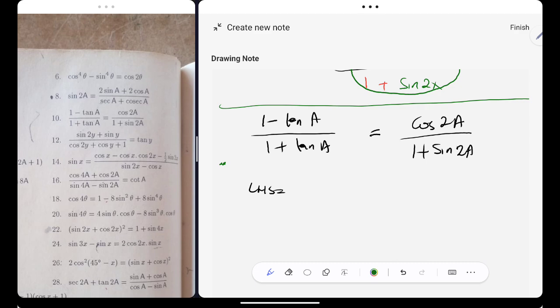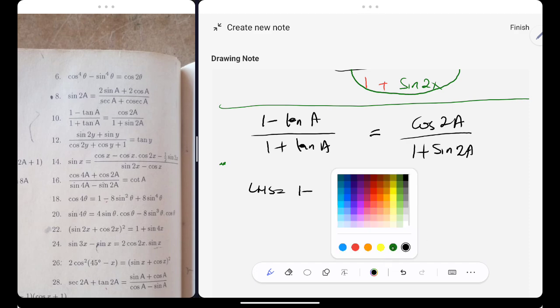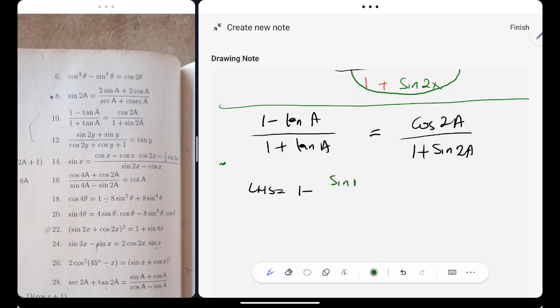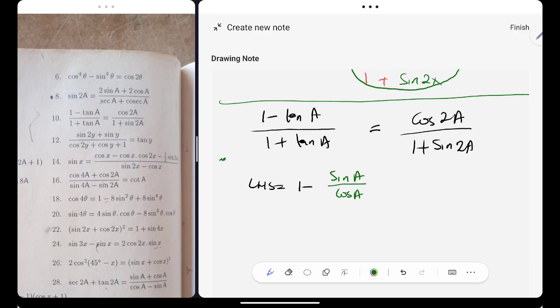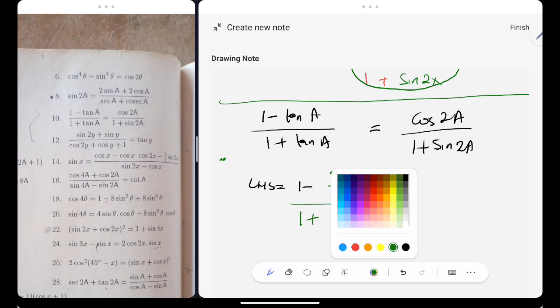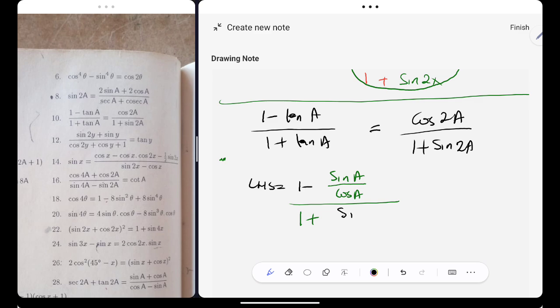Remember that we have to change everything to be in terms of sine and cos, right? So I'll simply write 1 minus sine A over cos A, all over 1 plus sine A over cos A. Whenever I deal with fractions, I don't want fractions within a fraction.